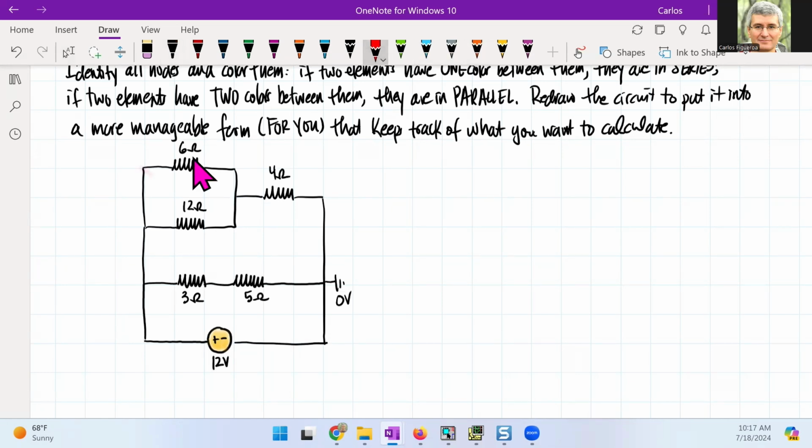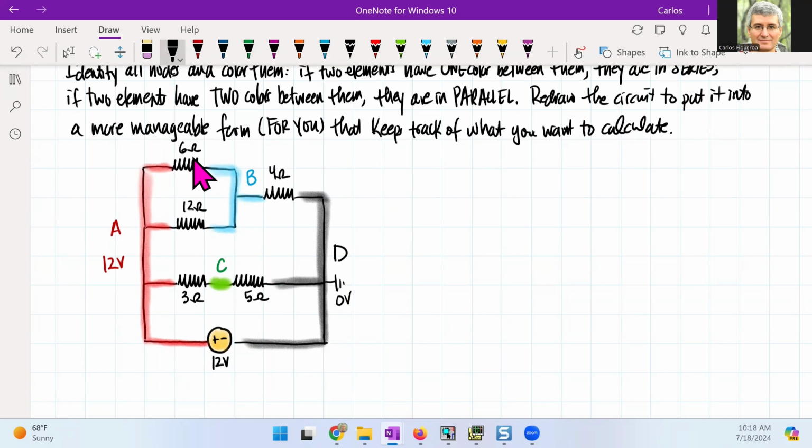This node right here has to be 12 volts, and I'm going to call that node A. Then another node right here, which I'm going to call node B. Then this node, which I'm going to call node C. And then my ground, which is 0 volts, but I'm going to call node D. So I have 4 nodes.